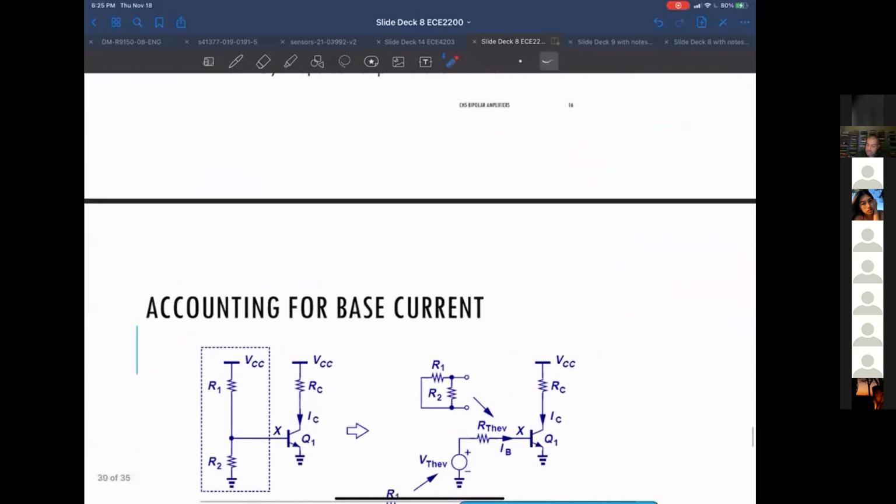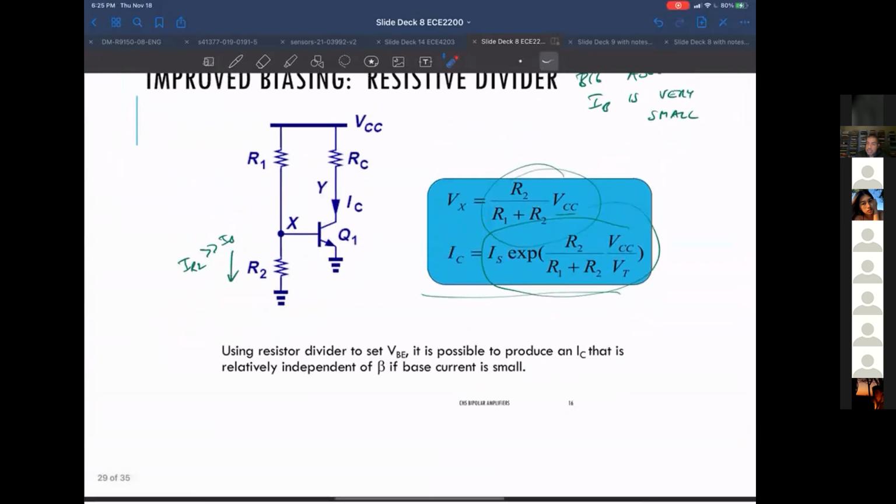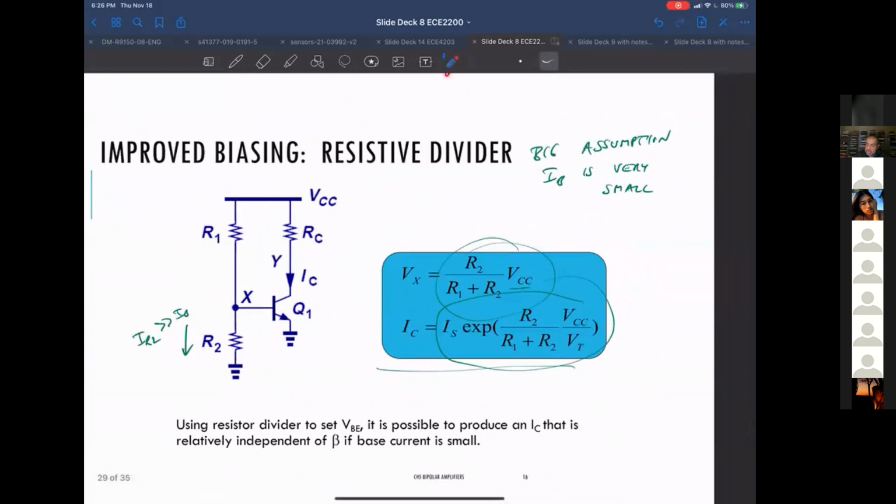Okay, so let's do an example of that. What I'm trying to do again here is to set myself up in a situation where the exact value of I sub B doesn't matter, as long as it's small. As long as I sub B is very small compared to IR2, it doesn't matter if it's 50% smaller or 50% larger.